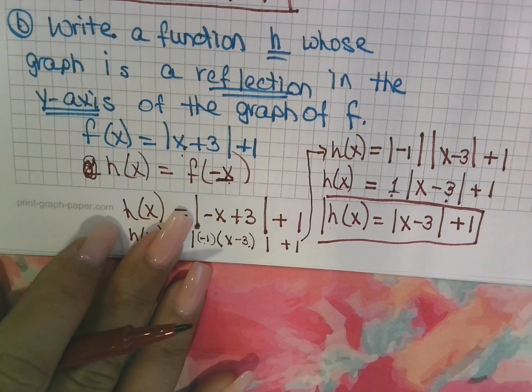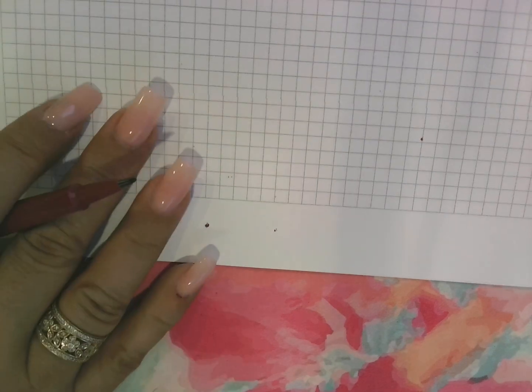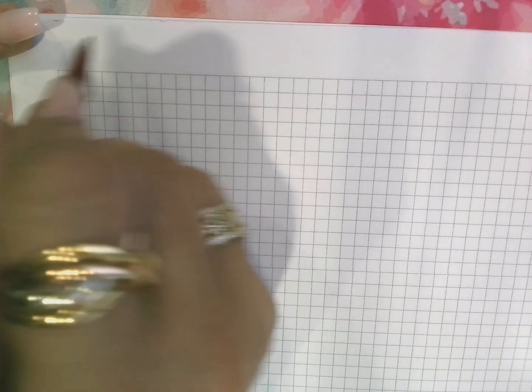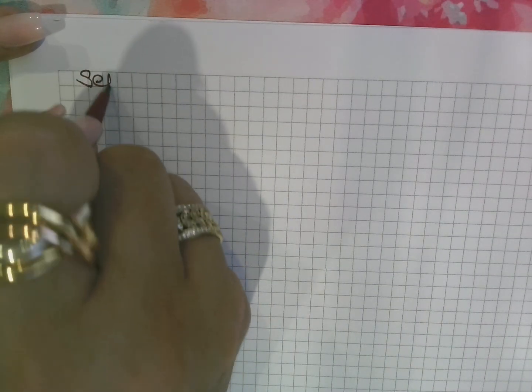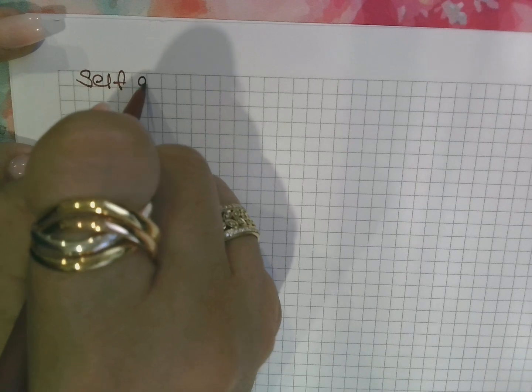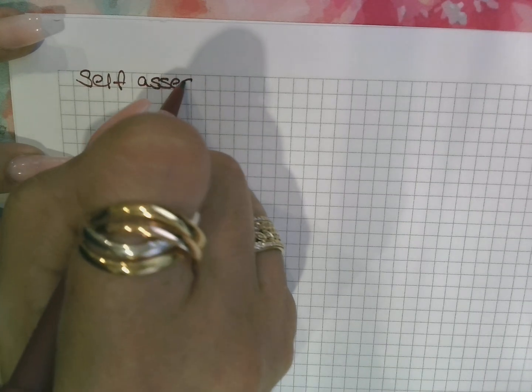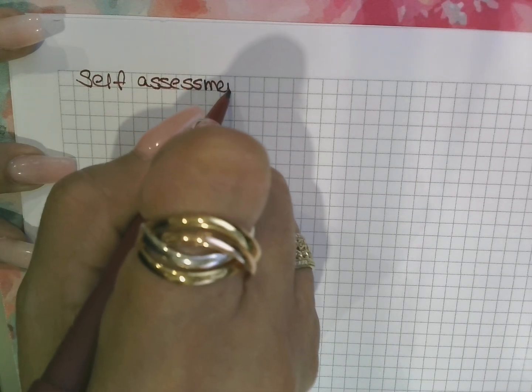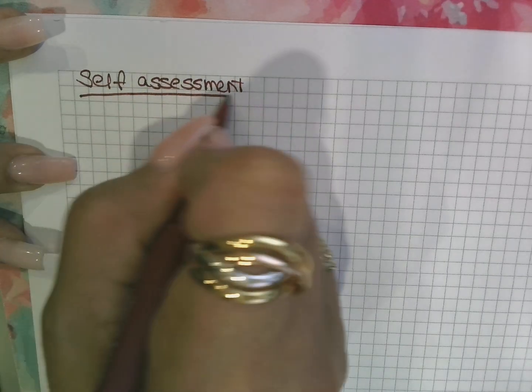All right, let's do a quick self-assessment. So let's see how we're doing. Let's take a look. And these are all about reflections over the x or the y-axis. So I want you to just assess yourself and see, do I know what I'm doing here? Do I understand this?